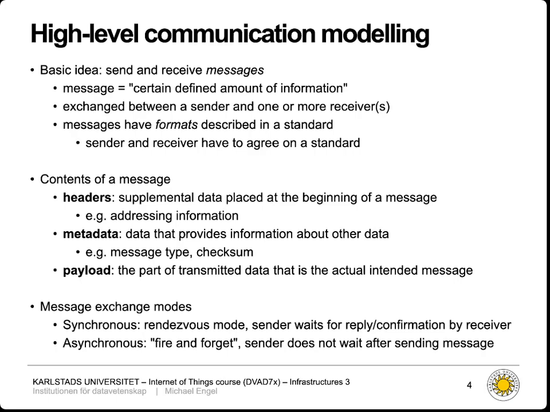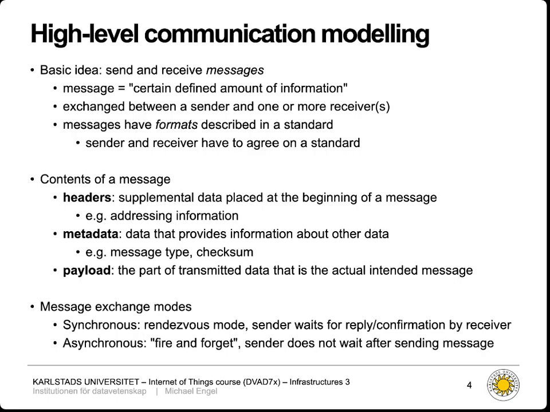So how do we model communication in an IoT system on a high level? The basic idea is the one we've already seen in TCP/IP networks. We want to send and receive something. In TCP/IP networks, this information is encapsulated in packets. These packets contain address information, port information, and then something very generic, which we call a payload. And this payload is just a stream or a set of bytes, which can have any values.